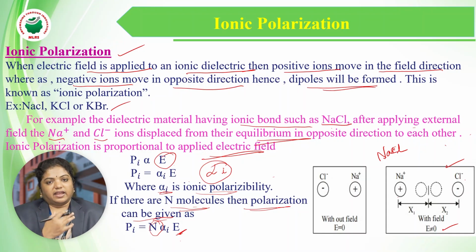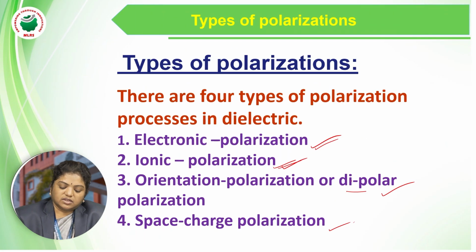In electronic polarization, we consider atoms. In ionic polarization, we take the dielectric material in the form of molecules. So this is ionic polarization. And the third one is orientation polarization, also called dipolar polarization.